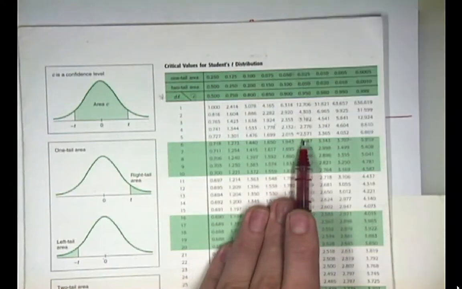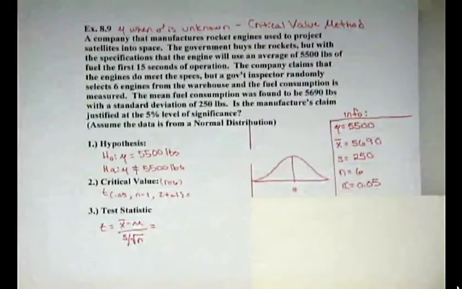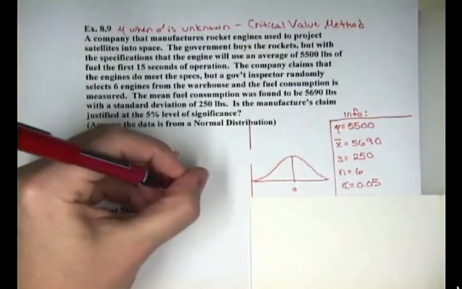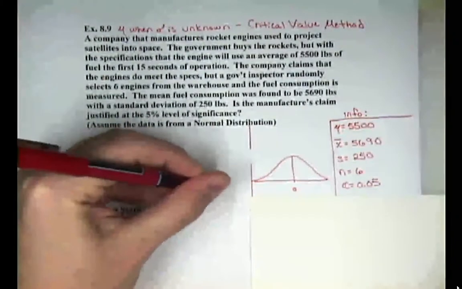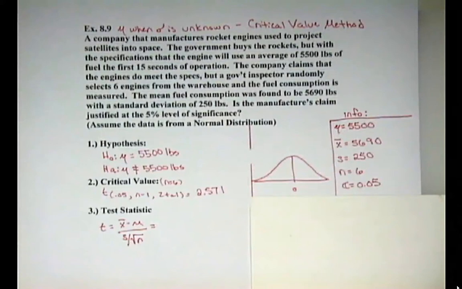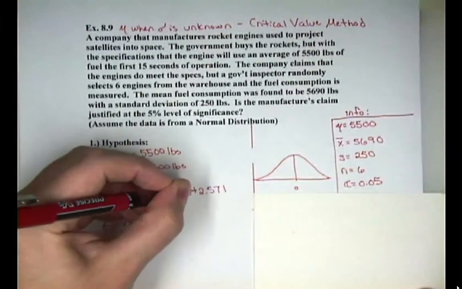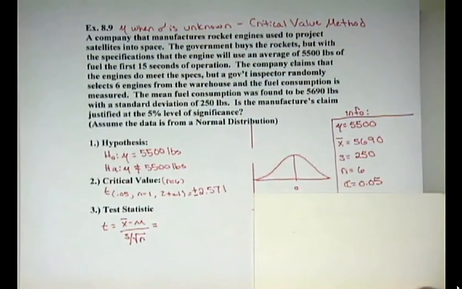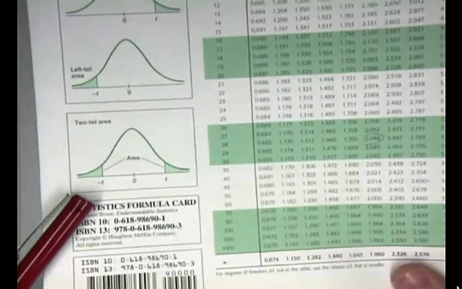So our critical value is 2.571, and because it's a two-tailed test, it's important for you to manually put in plus or minus, because the t-table does not tell you that directly. It tells it to you on the side here in the two-tail area picture.